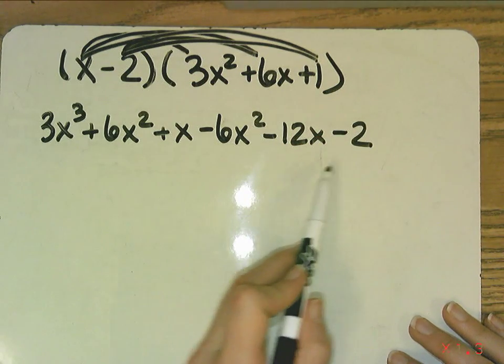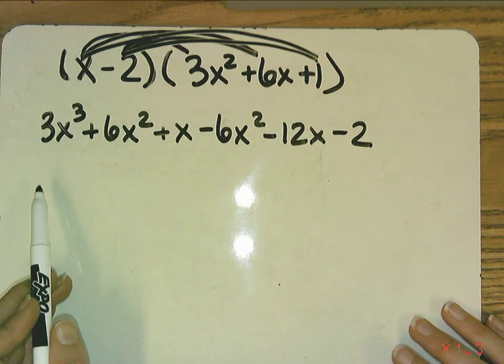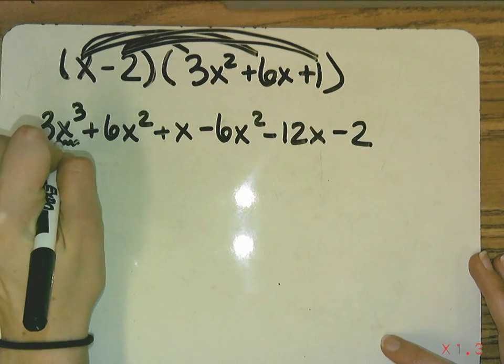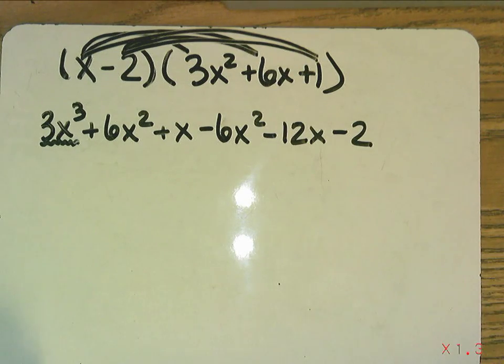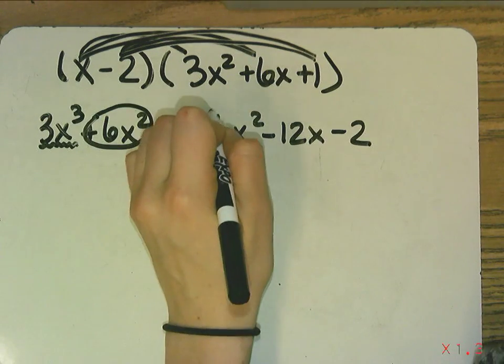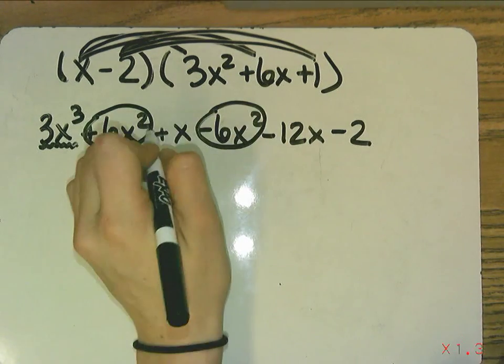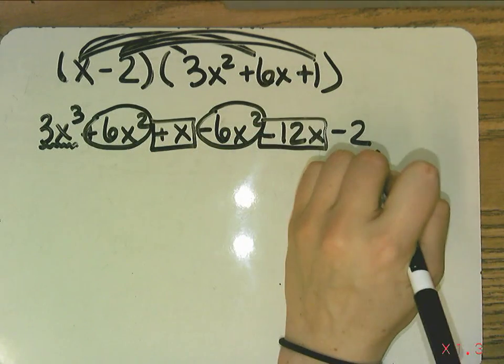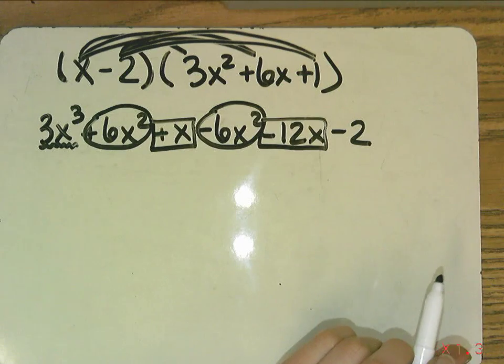So this is now a really big, long polynomial, and I have to look for like terms. So maybe I'm going to squiggly underline anything that's x cubed. Maybe I'll circle anything that's x squared. I'll box anything with just an x, and I'll leave anything that's a constant.